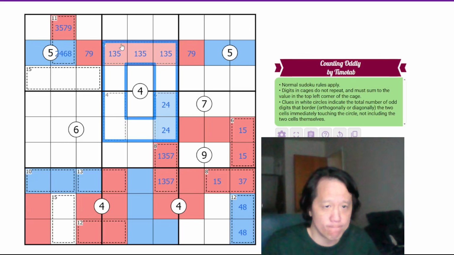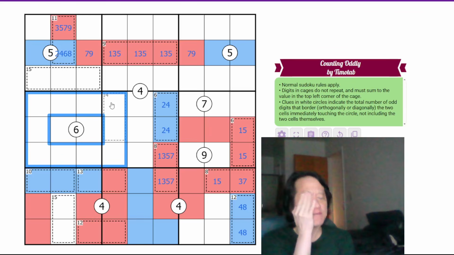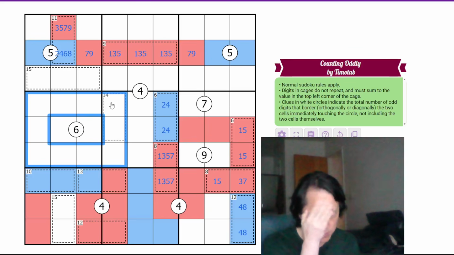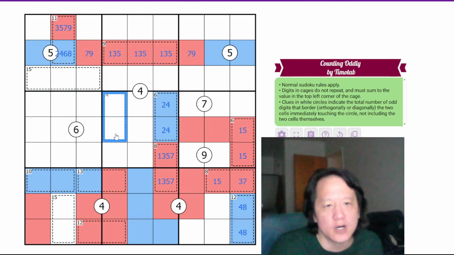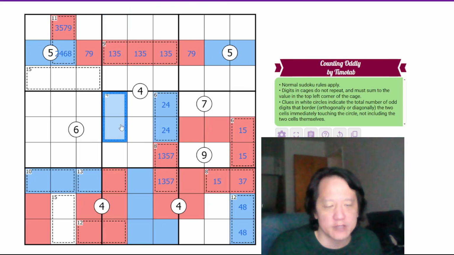Hmm. 6 odds and 4 evens here. Oh, this cannot be 2 odd digits here. Because if that's 2 odd digits, we have 6 odd digits in column 4, which is too many. So these both must be even to add up to an even sum.